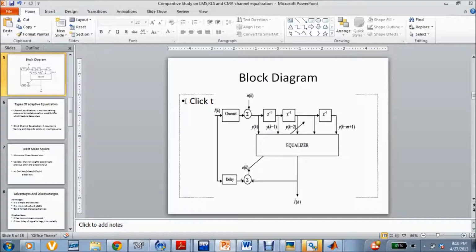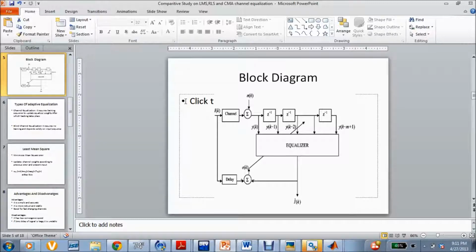We have to select the weights such that the combined product of the channel weights and the input signal gives us the correct output at the time interval k. Due to intersymbol interference, the data at the kth interval is spread across the previous time intervals. So we are using the channel weights to obtain the correct output at the kth interval.